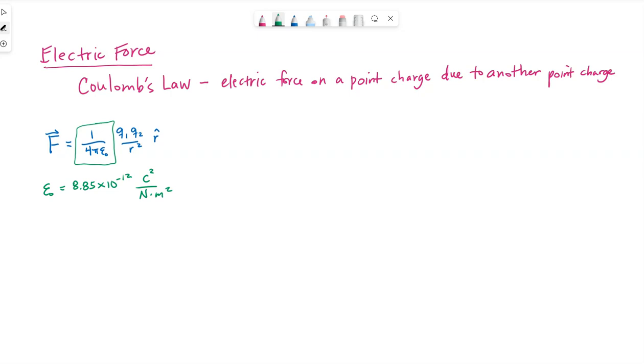So when we take 1 over 4 pi epsilon naught, we're always going to get a constant. We often use a K and sometimes a K sub E to represent that.